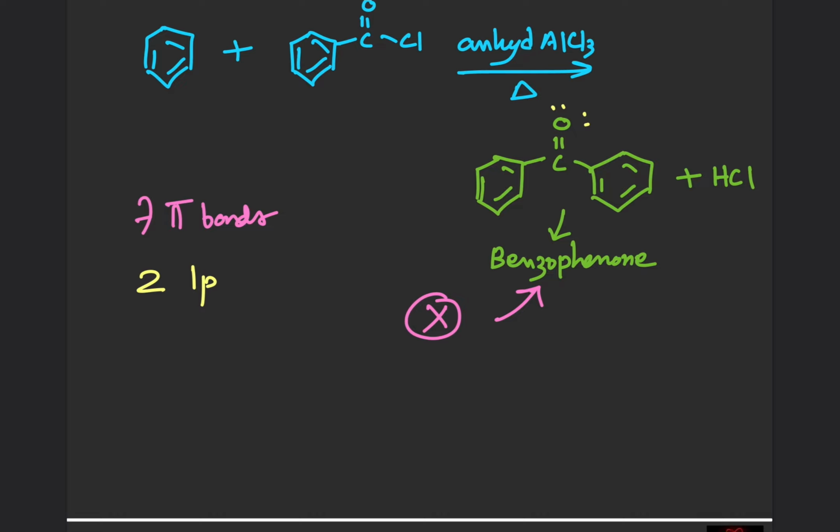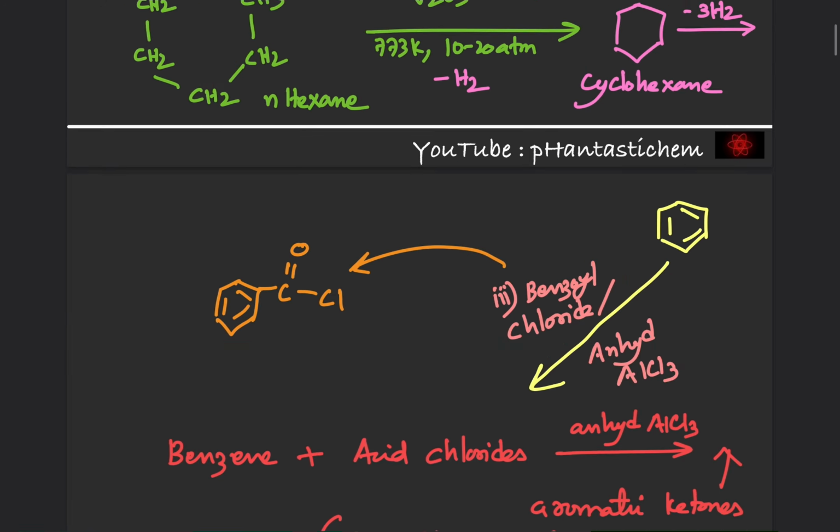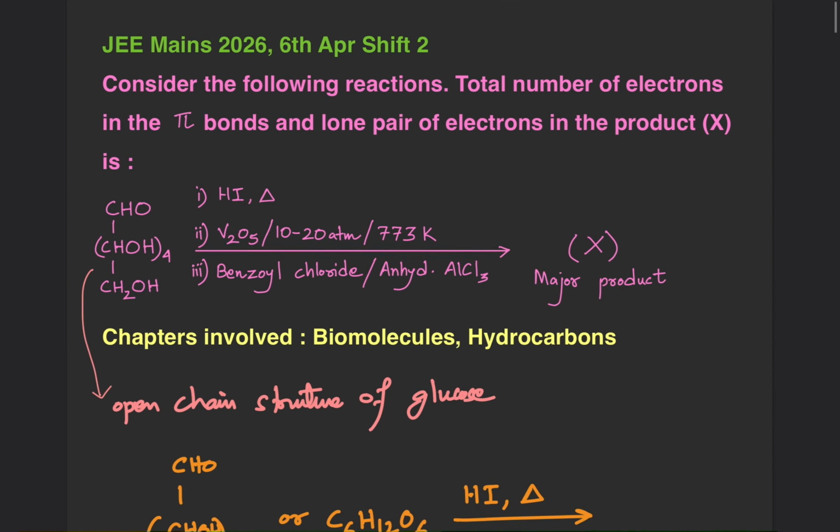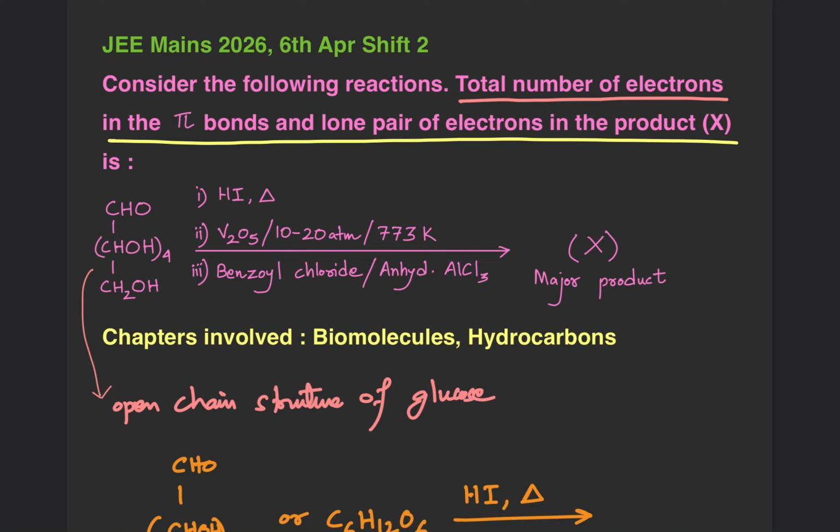So therefore there will be total 9 into 2, that is 18 electrons present in pi bonds and lone pairs. Okay. So therefore the final answer, that is total number of electrons in the pi bonds and lone pairs of electrons in the product X, is 18. Okay. Thank you.